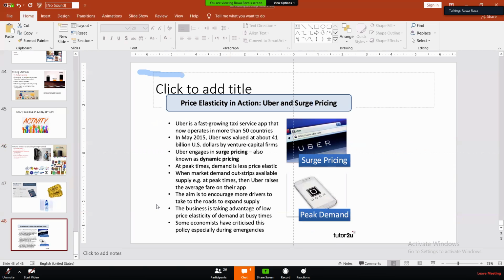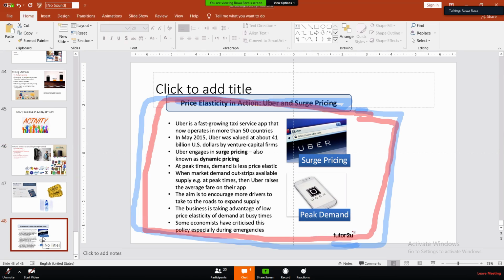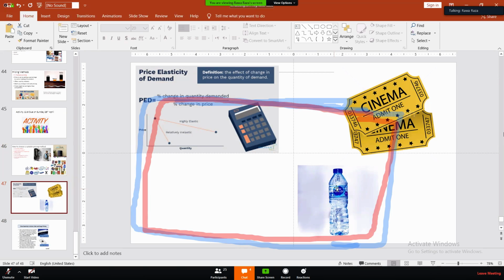Some people argue that it's not very ethical for Uber to do this. They've criticized Uber, saying that they're taking advantage of people's need. But it's just responding to people's demand in a free market, so there is no sound business argument against it. Ethically, though, some people say it's taking advantage of people's needs during certain periods of time. And the Uber example is interesting because you might think some businesses have price elastic products forever, but that's not the case.